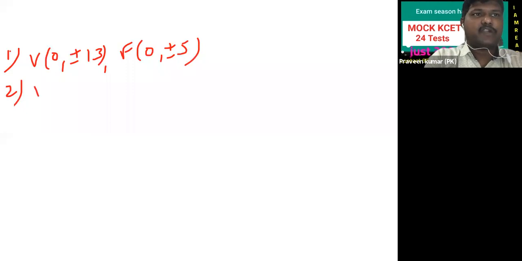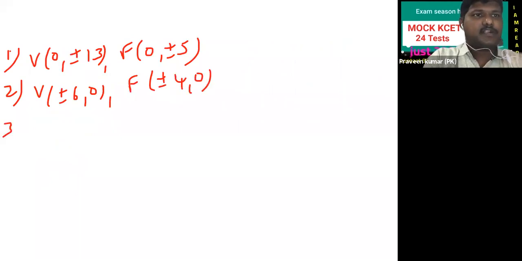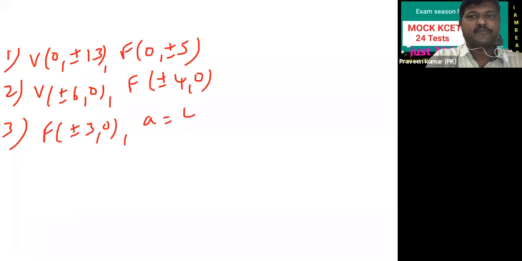Second question: vertices plus or minus 6 comma 0, foci plus or minus 4 comma 0. Third one: foci plus or minus 3 comma 0, directly a is 4. Question number 4: b is 3, c is 4.